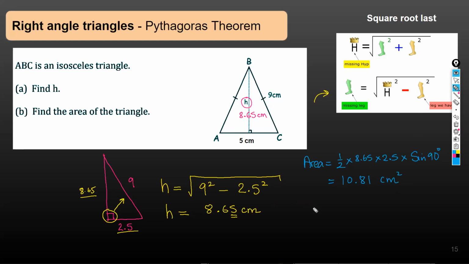The total area would be 10.81 multiplied by 2, and we get roughly 21.62 or 63, depending on how much you round off, right? No, that's not 10.81 multiplied by 2. Nope, I'm getting 21.62 centimeters squared, right?